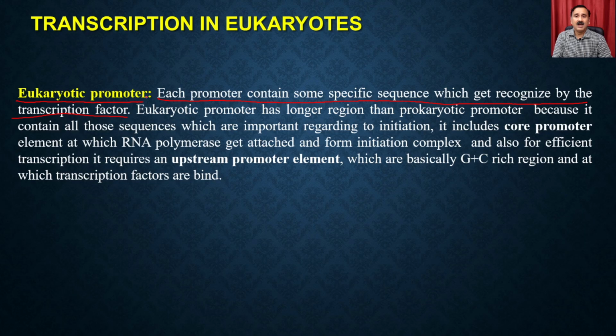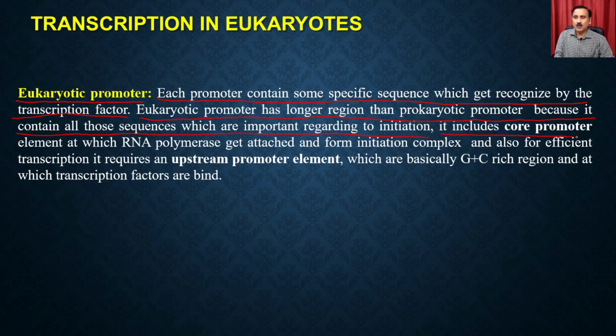But that kind of arrangement is not present in the eukaryotic promoter. The eukaryotic promoter has specific sequences recognized by transcription factors, and it has a longer region than the prokaryotic promoter, because it contains all those sequences which are important for initiation.